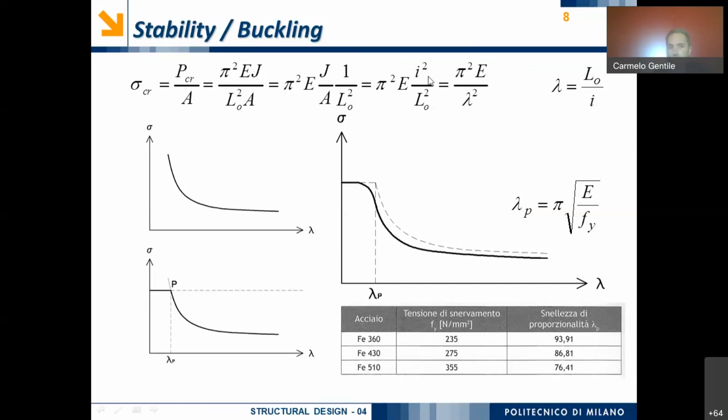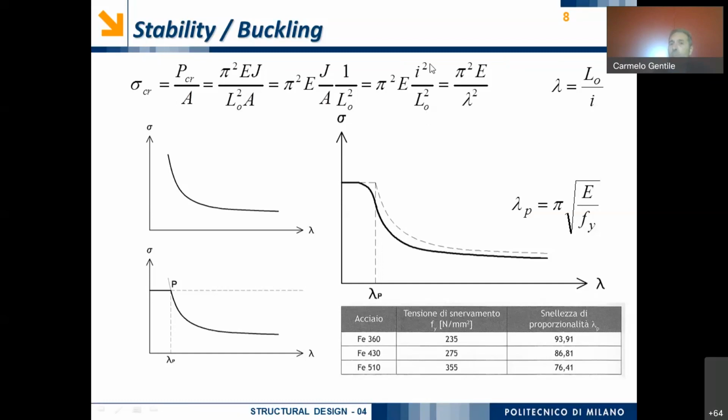The first one, the one on the numerator, depends only on the transverse cross-section. The second one, the one on the denominator, depends only on what happens transversally in our columns, okay?